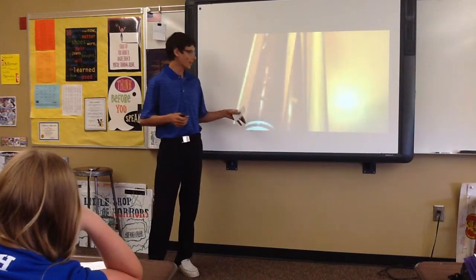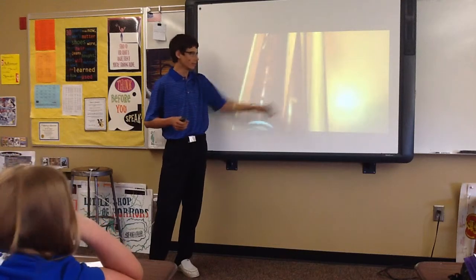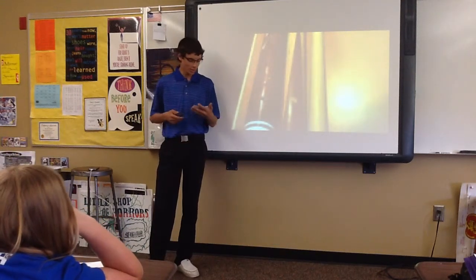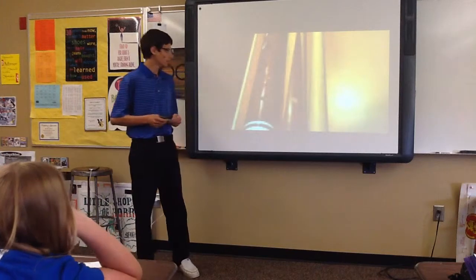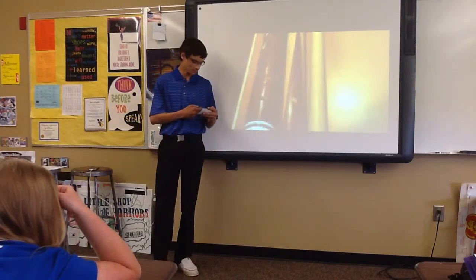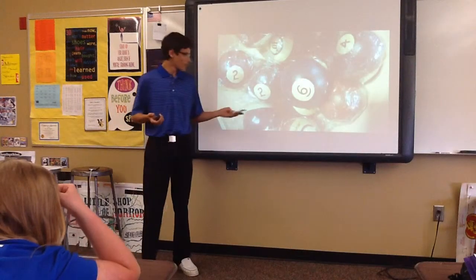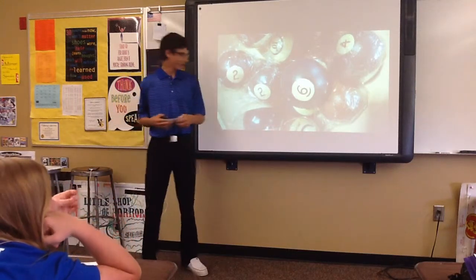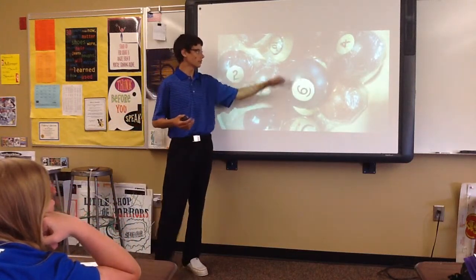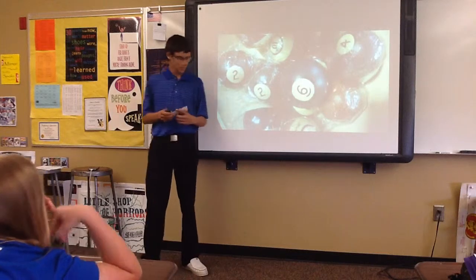You can see that it's not really too much of a design, it's pretty plain, which I'll talk about later on. And then the balls were also made of wood, and then they just painted them, solids and stripes, and then the numbers and stuff.